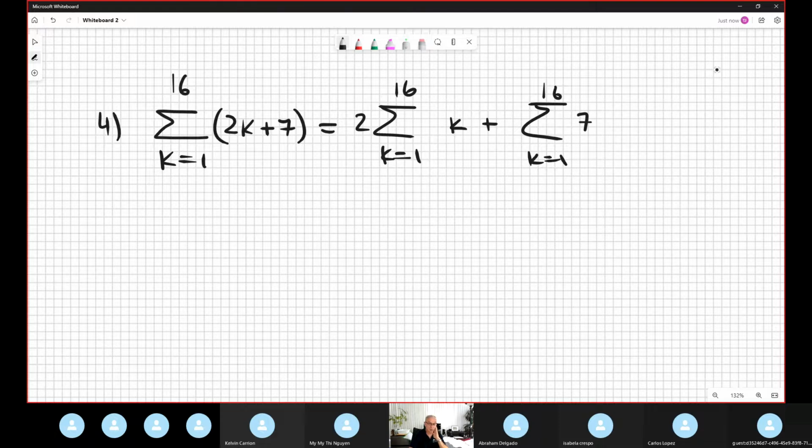Remember, the formula is n times n plus 1 divided by 2, and n corresponds to the upper limit, which is 16. So 2 times 16 times 17 divided by 2. It's obvious that the 2s cancel, so actually it's 16 times 17, at least that part, which is 272.